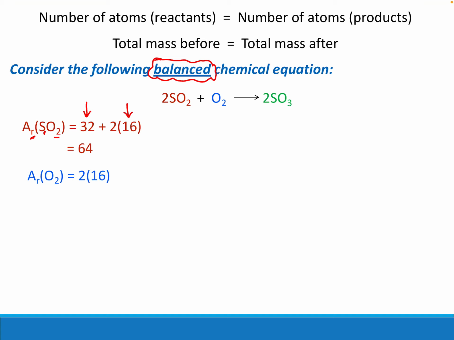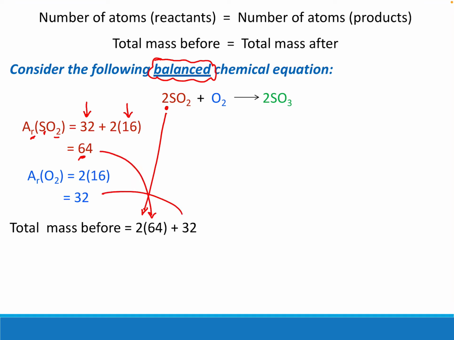Well, oxygen is diatomic, we know that, and we've just seen that oxygen's mass is 16, so it's 32. Let's look at the total mass before. We have 2 SO2s, each SO2 is 64, so 2 times 64 plus the 32, and I get 128 plus 32, which is 160. That's before the arrow.